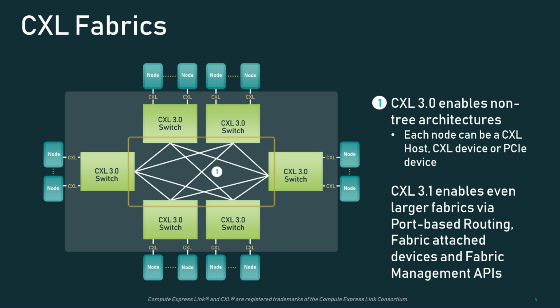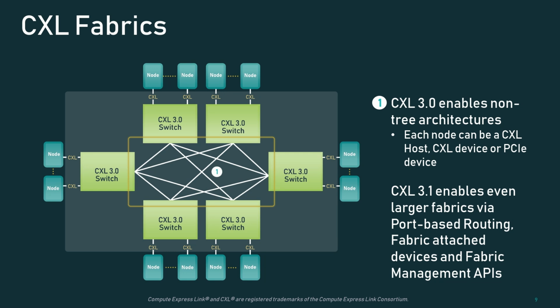In many cases, you can attach a PCI device in a CXL slot, because it's the same type of slot for both of them. So 3.0 essentially enabled a non-tree architecture, as shown here.